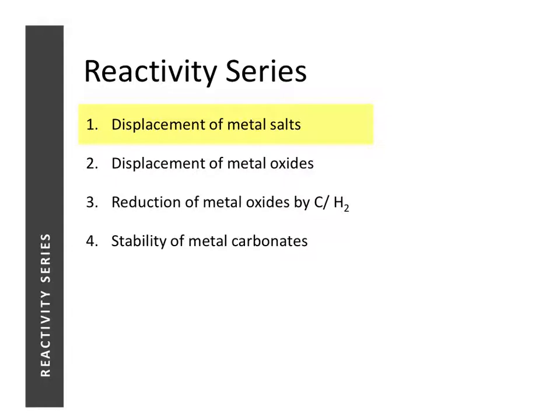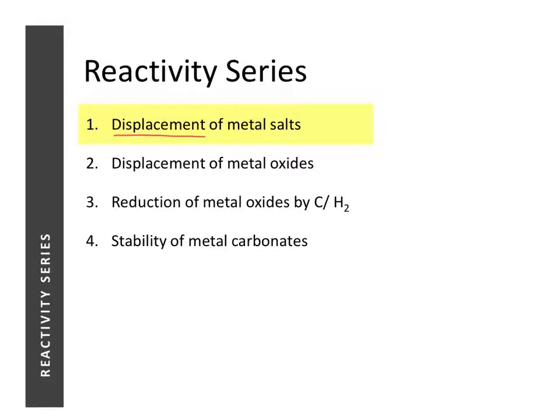The first one is for the displacement of metal salts. Now the term displacement should not be entirely new. We have seen it before in the topic of the periodic table, more specifically for halogens, or group 7. We have learned that a more reactive halogen can displace a less reactive one from its halide salt.